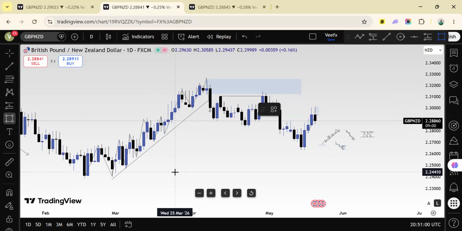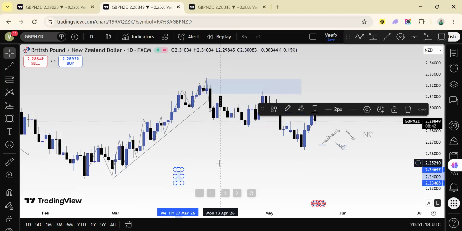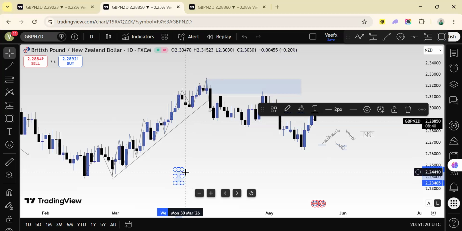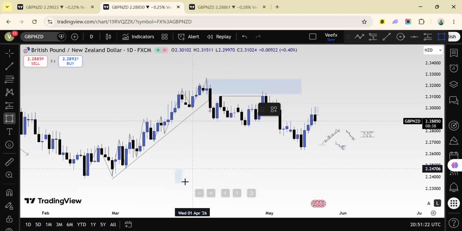The first type of bullish order block that occurs in the market is what we call the bullish engulfing order block. It's actually a candlestick pattern. This is how the order block usually is.